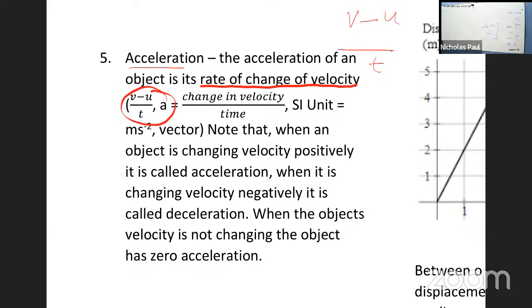That's the formula right here. So acceleration is change in velocity with respect to time. The SI unit is meters per second squared, and acceleration is also a vector quantity.